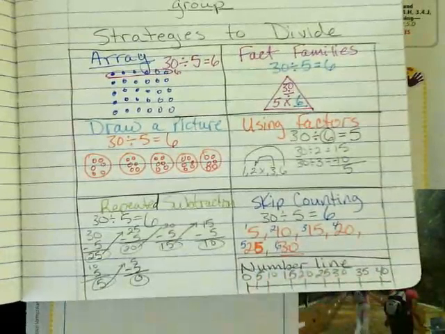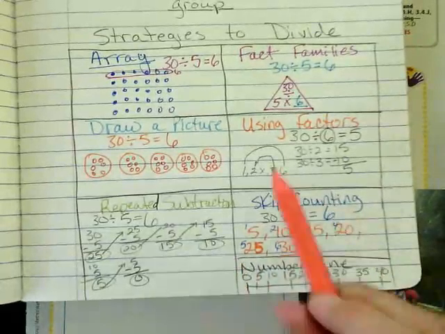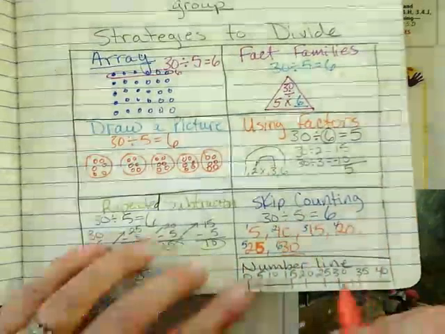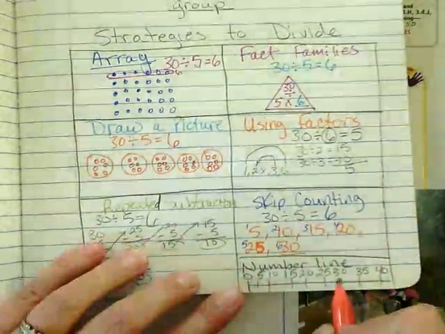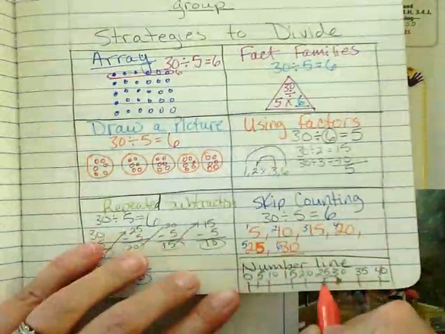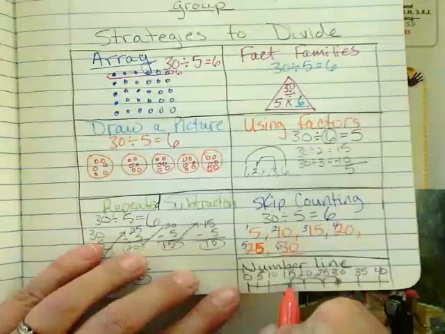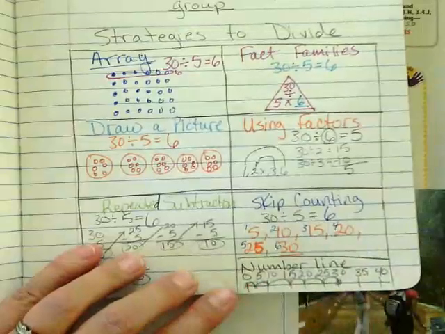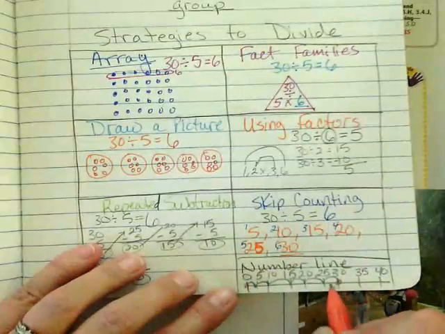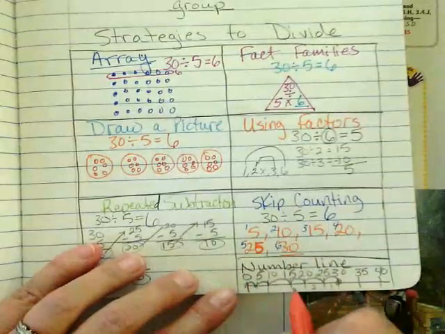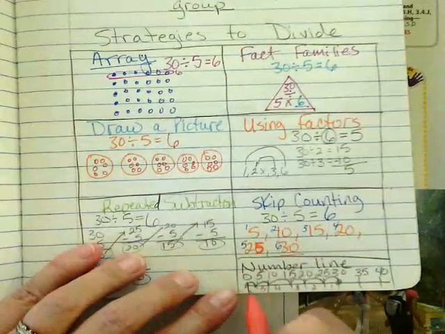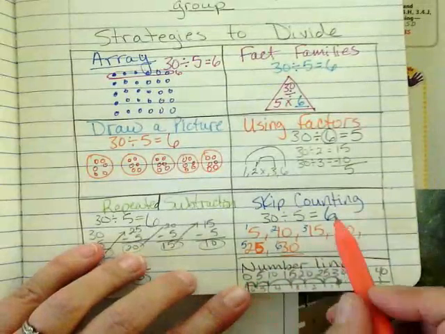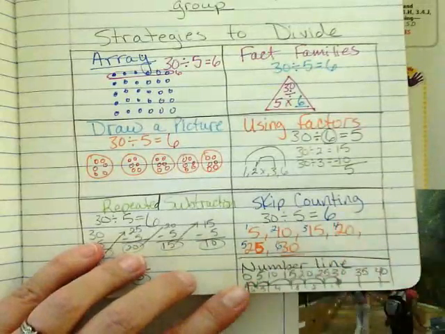Let's say I wanted to skip count or use a number line to do 30 divided by 5. Well, I need to start at 30 and then jump back by 5s. 5, 5, 5, 5, 5, 5, until I get to 0. And then I count how many times I jumped. So 1, 2, 3, 4, 5, 6. I skipped by 5 6 times. So 30 divided by 5 is 6.